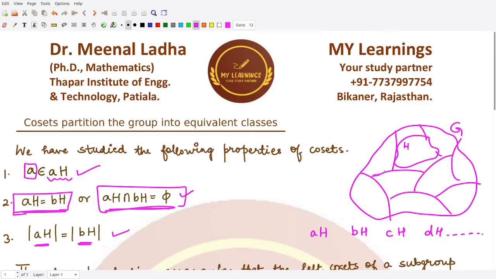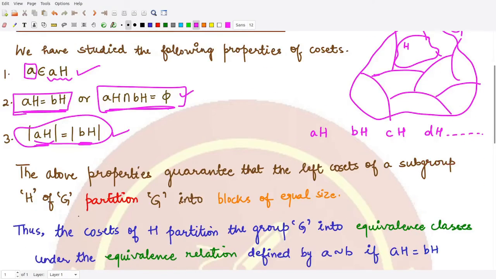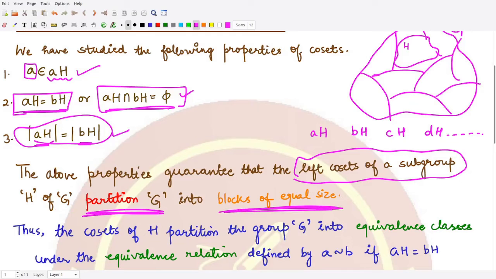That means we do not have any intersection of such kind anywhere. So here I have listed down that these three properties guarantee that the left cosets of a subgroup H in G partition the group G into blocks of equal size. So this is all we know here according to these properties.